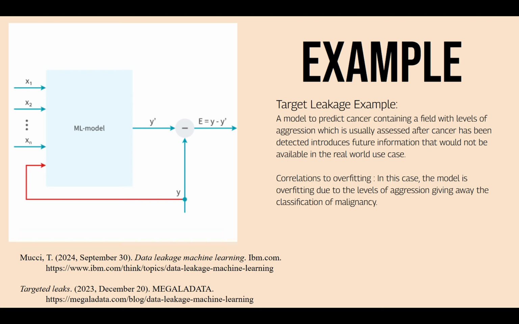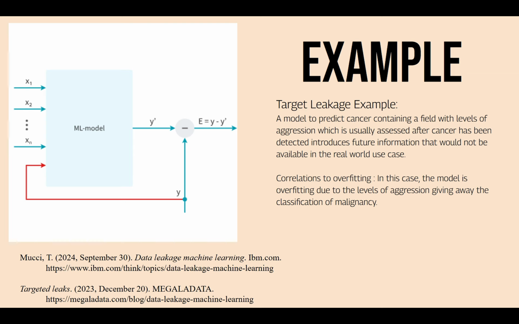That feature, cancer regression, introduces future information that would not have been available in a real-world case. Therefore, it would lead to overfitting, and in this case, the model is overfitting due to the regression giving away classification of malignancy.